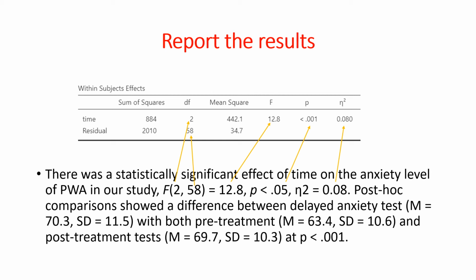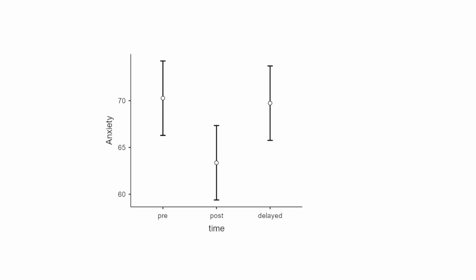That's how we report the results. And if we want a figure like this, we could also put this figure in the report so that our readers could better understand our results and see very easily where the differences lie among the groups or levels.